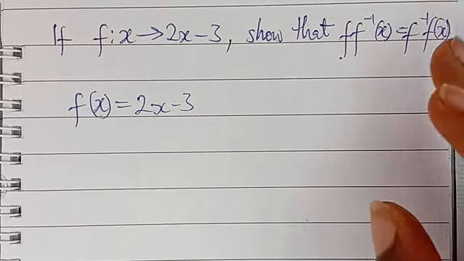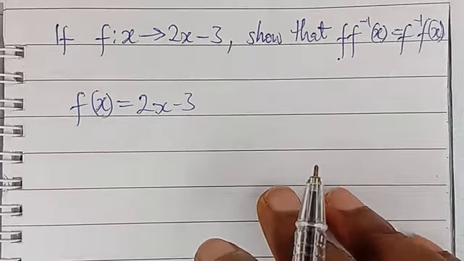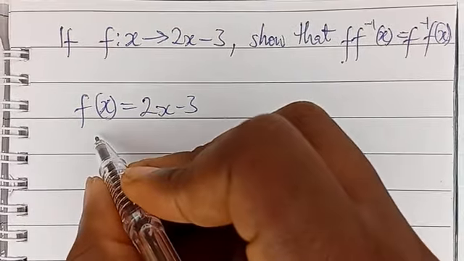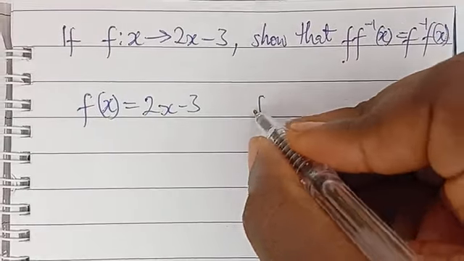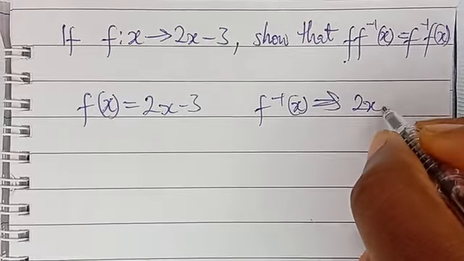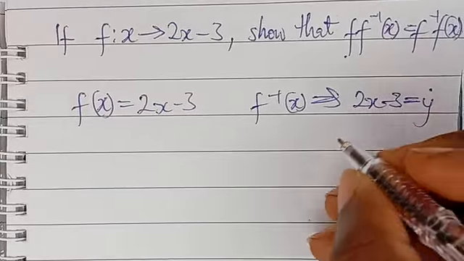Forget about the confusion, but we understand what we are to look for. Okay, so let us find the inverse of f of x first. We have 2x - 3 equal to y. Then we make x the subject of the formula.